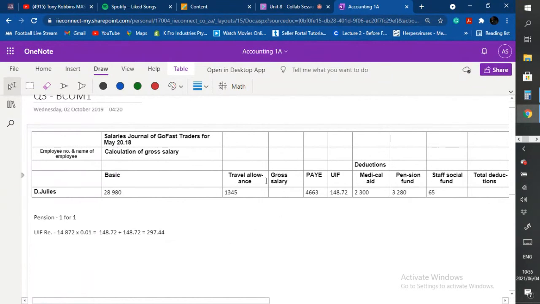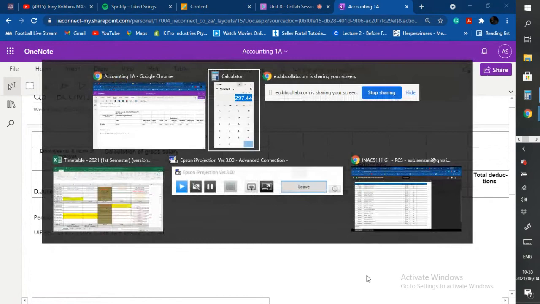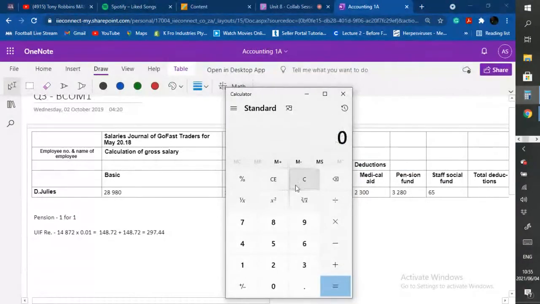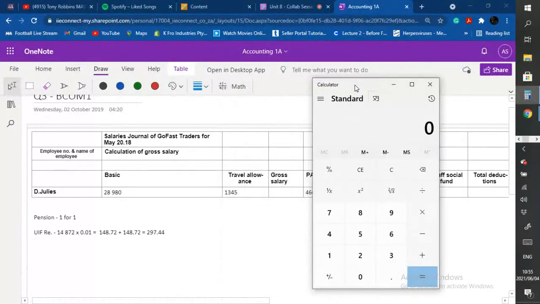Now, your gross salary is going to be your basic plus your travel allowance. Remember, I told you guys, the travel allowance, they're paying it to us in our salary. So we're getting our basic plus the travel allowance. Let's calculate how much our gross is. I heard something there in the chat, I'm going to attend to you just now.